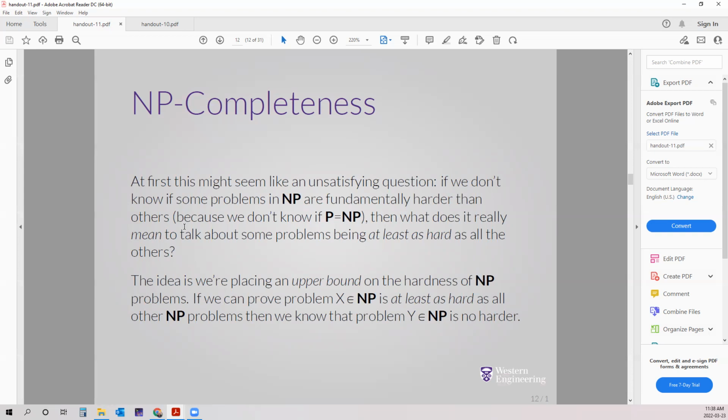The idea is that we are placing an upper bound on the hardness of NP problems. If we can prove that problem X belonging to NP is at least as hard as all other NP problems, then we know that problem Y belonging to NP is no harder.